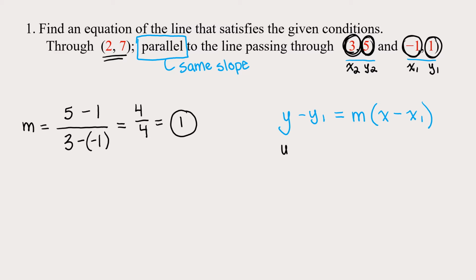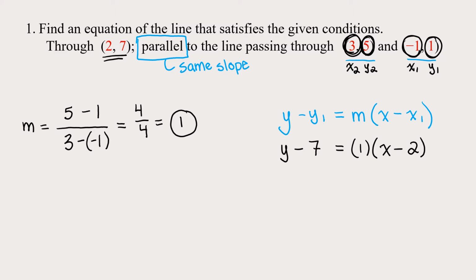So we have y minus 7 is equal to our slope, which we found was 1, times the quantity x minus the value of x1, which is 2.